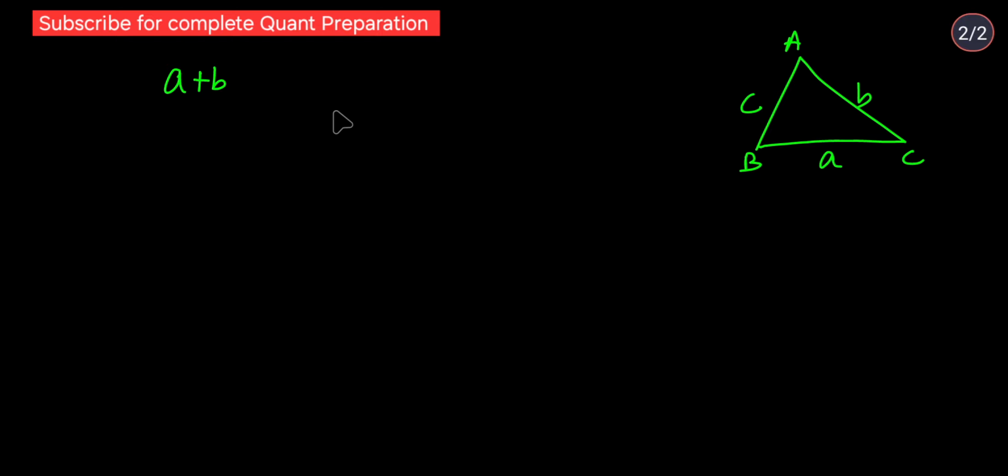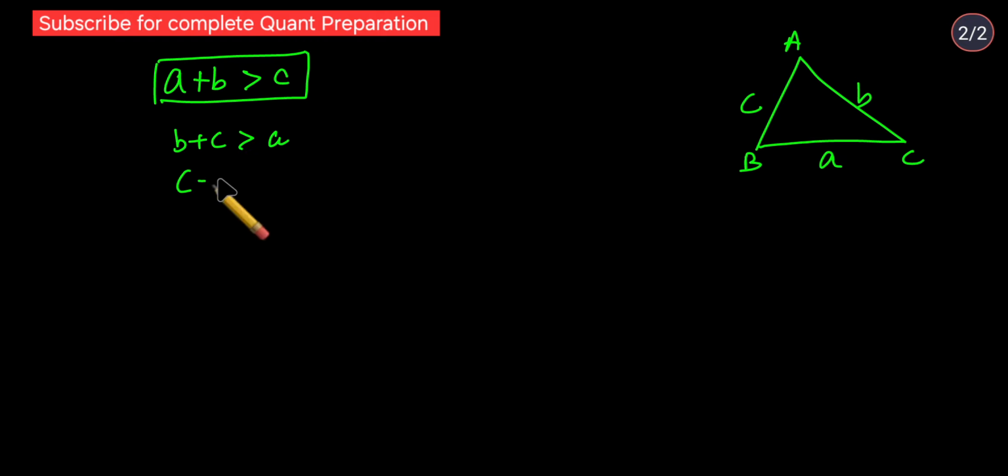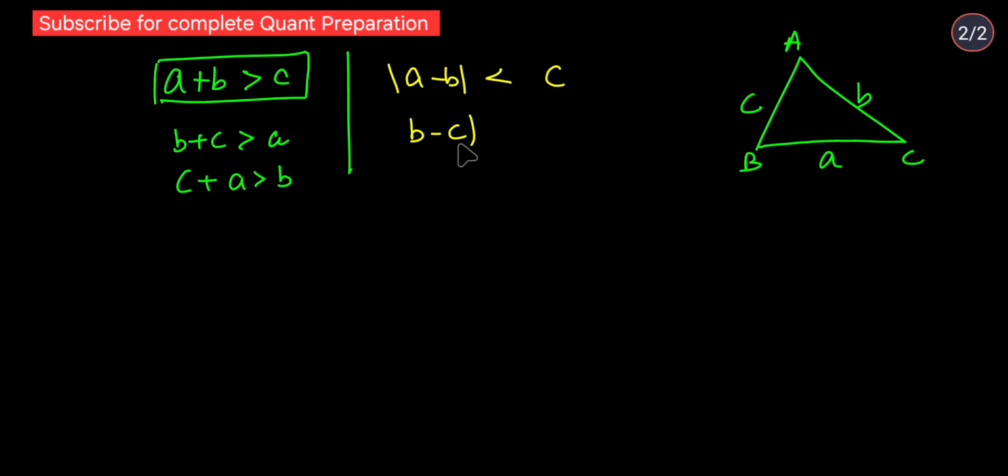So we discussed that if we have two sides of a triangle like A and B, this is A, this is B, this is C. The sum of any two sides should be greater than the third side, and likewise B plus C should be greater than A, and C plus A should be greater than B. And also I discussed that the difference between two sides, A minus B, should be less than C, B minus C should be less than A, and C minus B should be less than A. Okay, I think the third one is repeated.